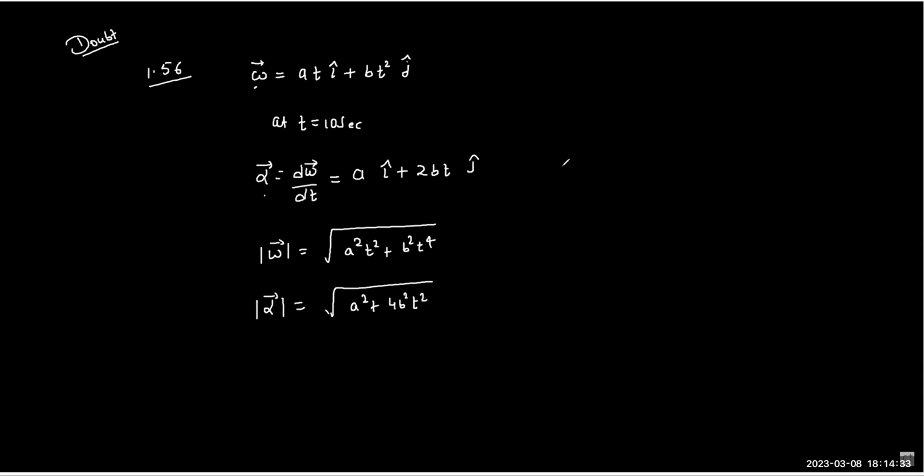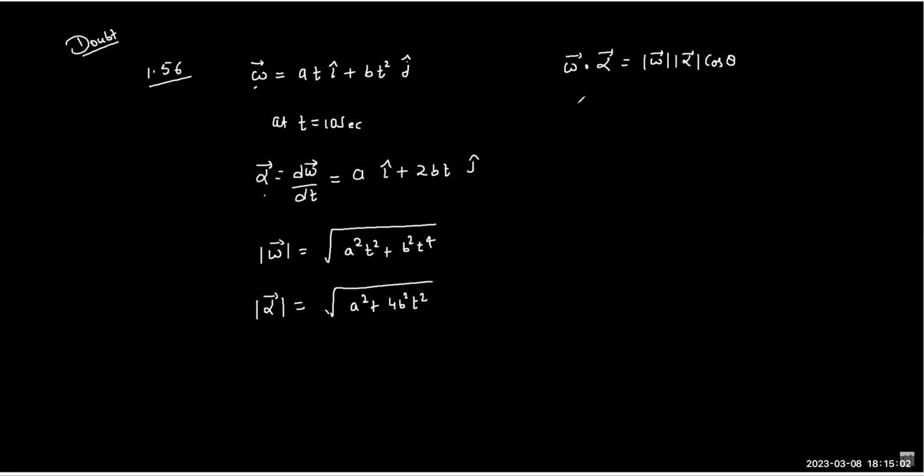Am I right? Yes. And we know that to find the angle between vectors, we should always use the vector product, the dot product of the vectors. So we can write omega dot alpha is mod of omega multiplied by mod of alpha into cos theta. So theta is, let's say, the angle between them, and the dot product we can take because both are in the analytic form, the component form.